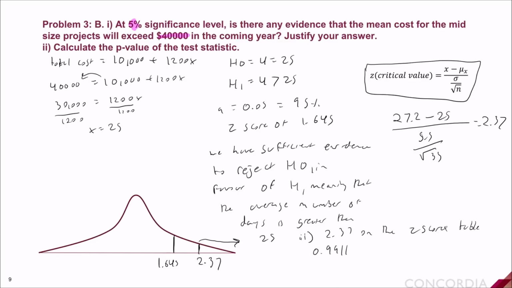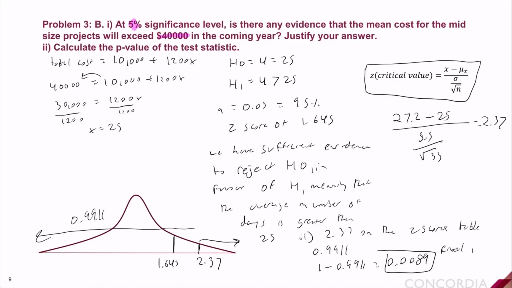And since we're looking for the value to the right, and this value represents the probability to the left, we would have to do 1 minus 0.991 equals 0.009. And since we only tested one side, and we didn't divide our alpha by 2, we don't have to multiply this value by 2. And this value would be our final p-value.